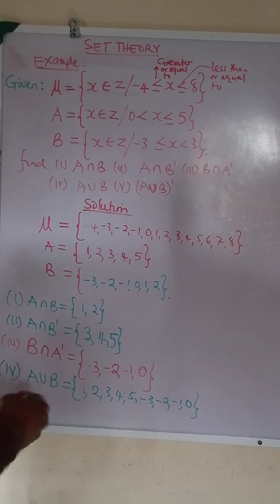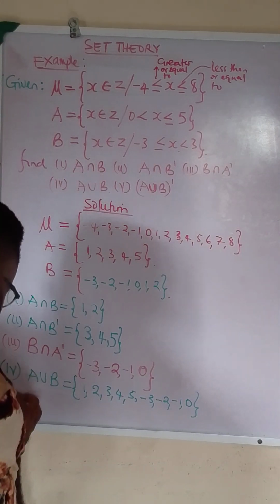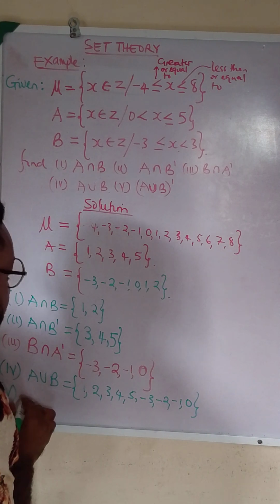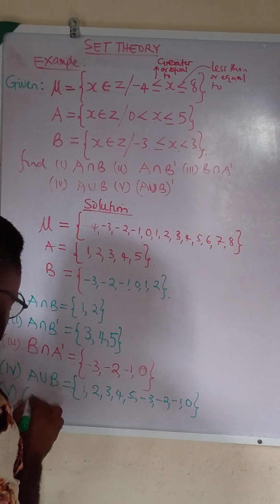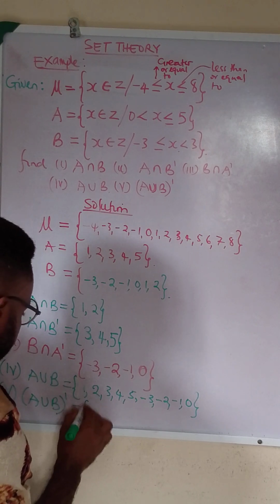And so the next one is V, for us to determine A union B in brackets, prime.